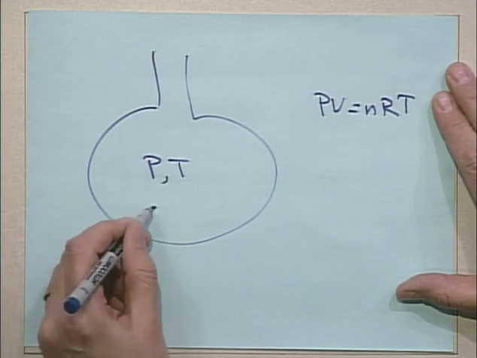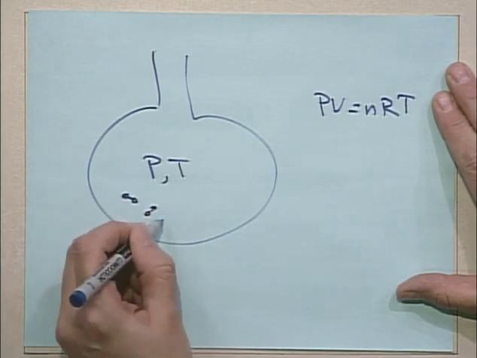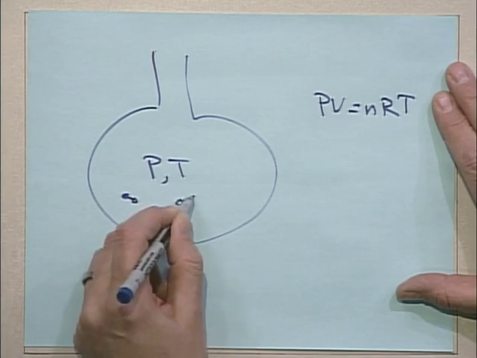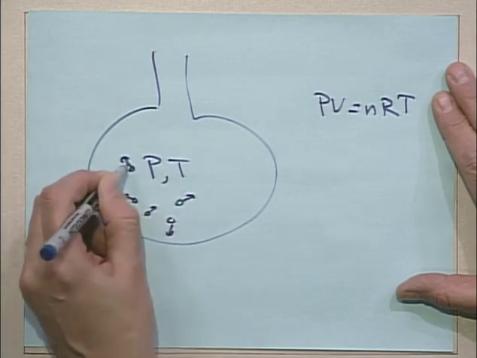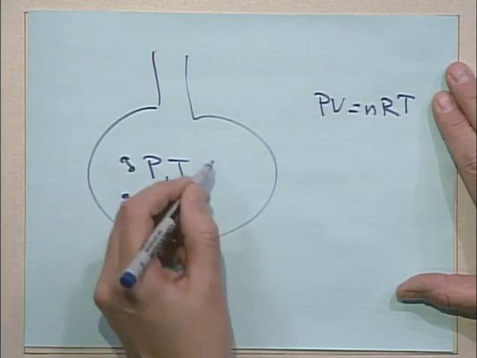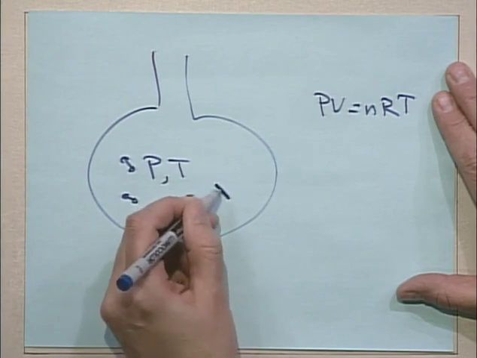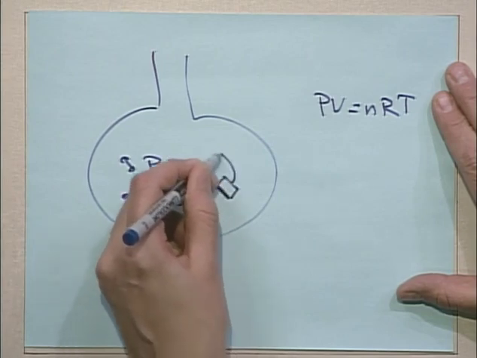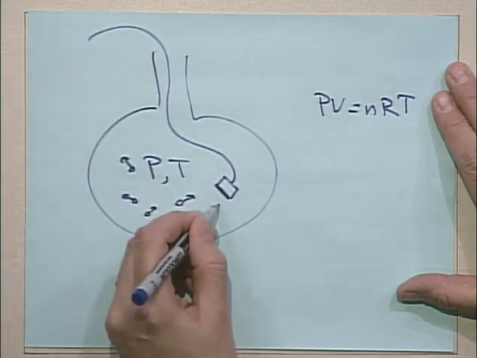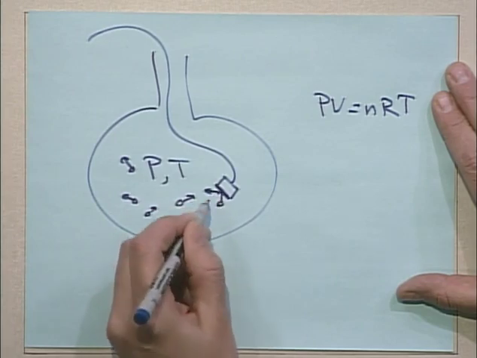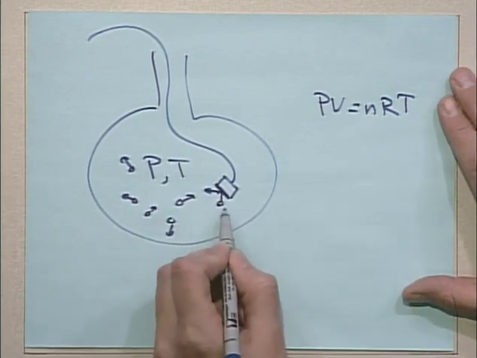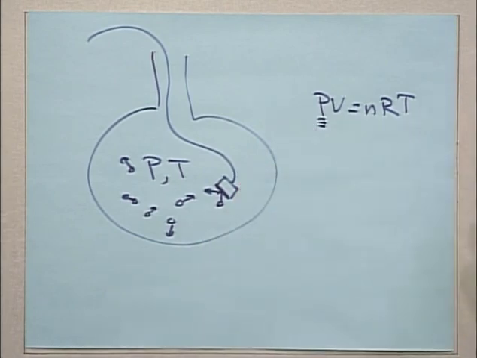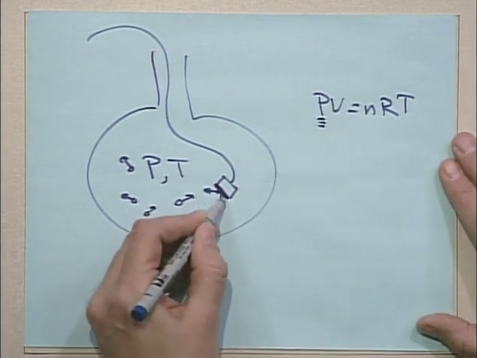There are little molecules pinging around, moving around inside this vessel, either if it's a liquid or a gas. And when you put some measuring device, let's say the end of a transducer, into this device, molecules hit it and bounce off. And that molecular motion is what gives rise to the force per unit area on this little surface.